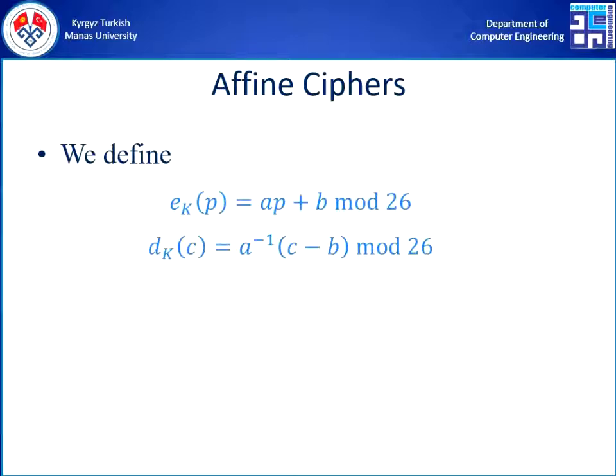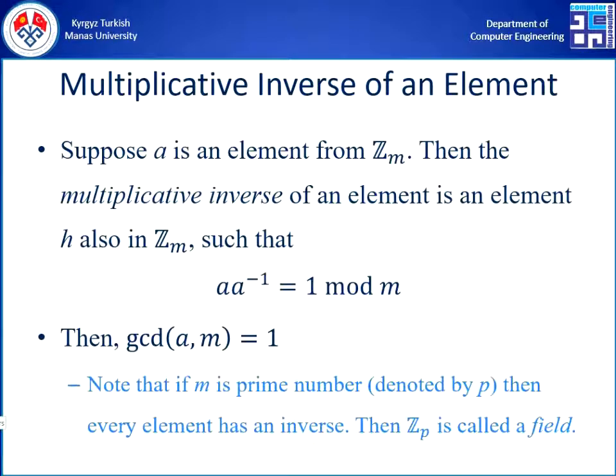To show how the decryption algorithm works, we need to understand some topics from modular arithmetic. First, we should recall what a set of integers modulo m means. A set of integers modulo m, which is denoted by Z with subscript m, is a set of residues when divided by m.